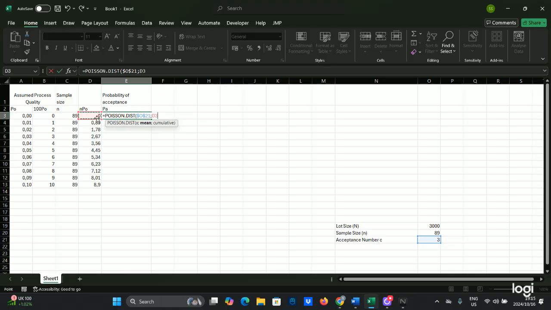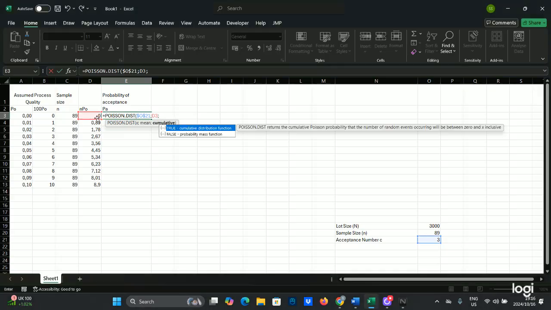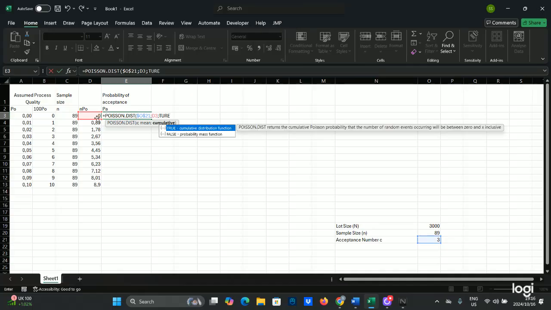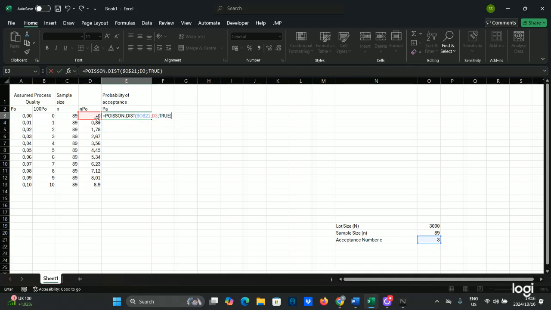And since we are looking for a probability of acceptance at 3 or less, we have to put it as true, and then we close.